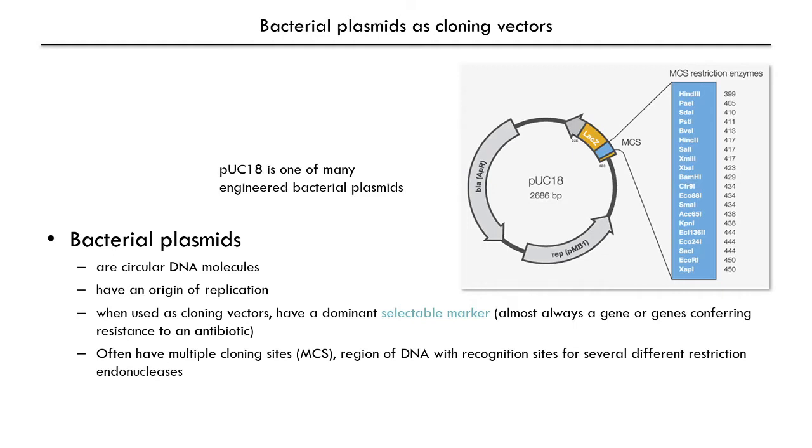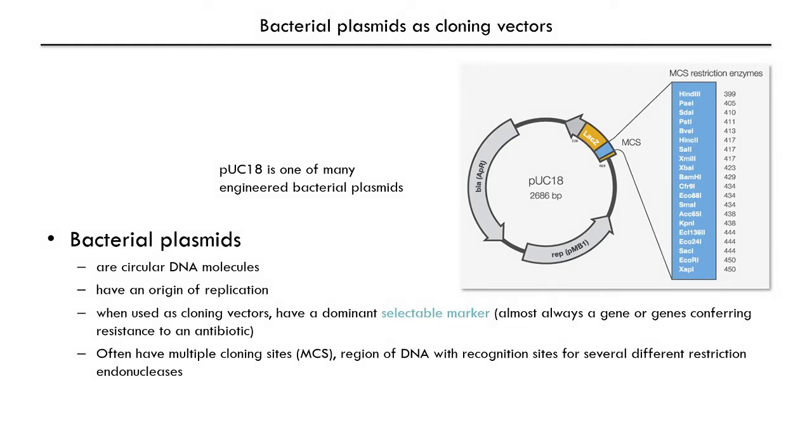You could have many copies of plasmids replicating in a bacterial cell. Plasmids are a very common vector for cloning DNA, and shown here is a very commonly used plasmid called pUC18. Common characteristics of these plasmids are they are circular DNA molecules, they have an origin of replication so that they can replicate by themselves independently of chromosomes.